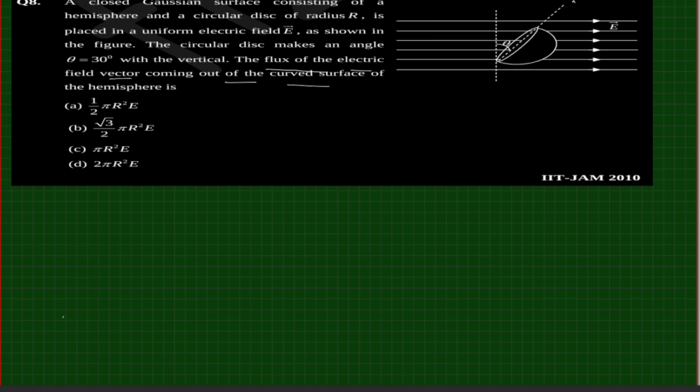So let us first do some basic things like extend. So this will also be theta, and theta is between the electric field and the plane of the circular disc. Let's say this direction is x cap, and the perpendicular direction to this is z cap, and I am making this diagram here.